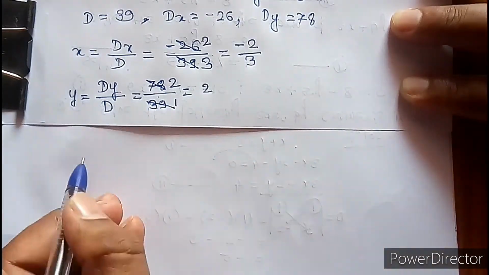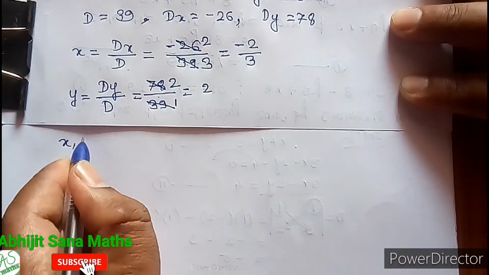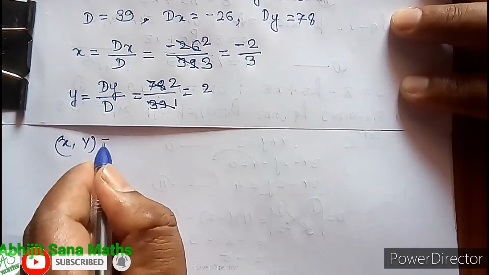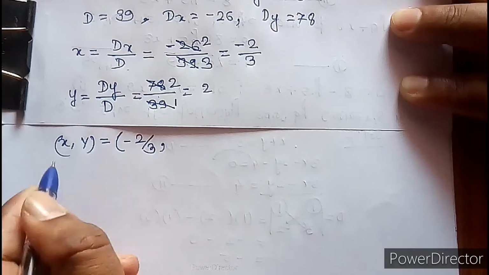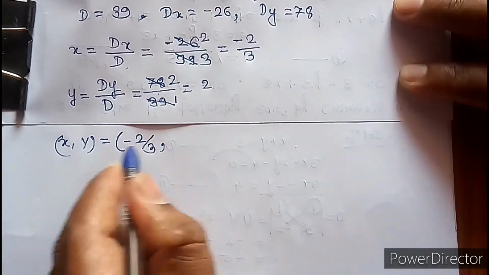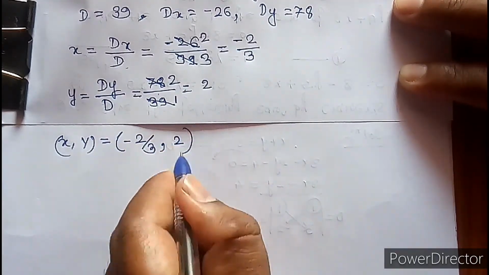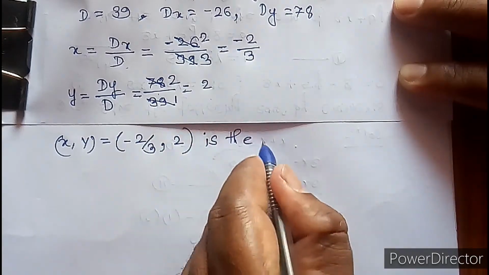Here the value of y is 2. Now we get x comma y equals to, the value of x is -2 by 3, comma the value of y is 2, this is the solution.